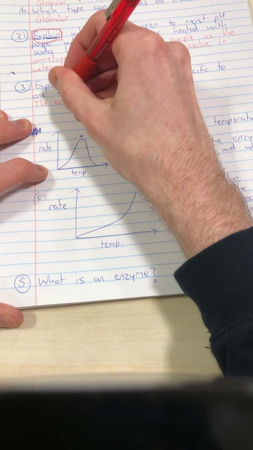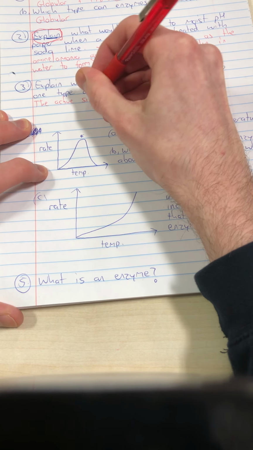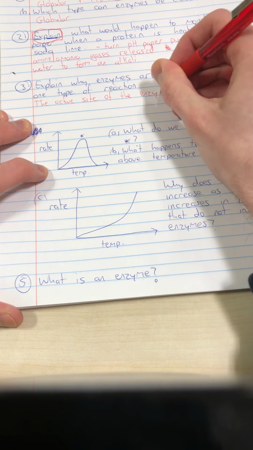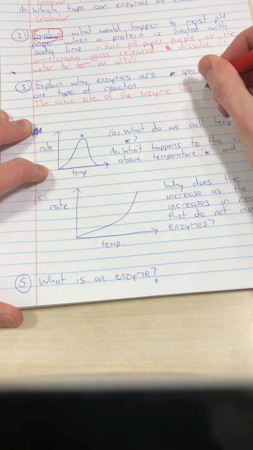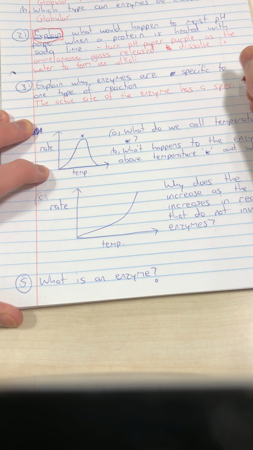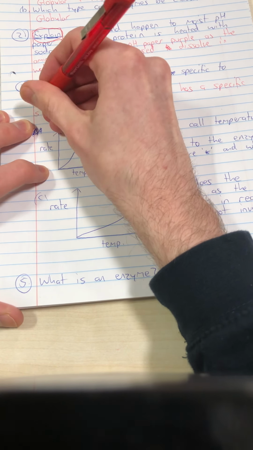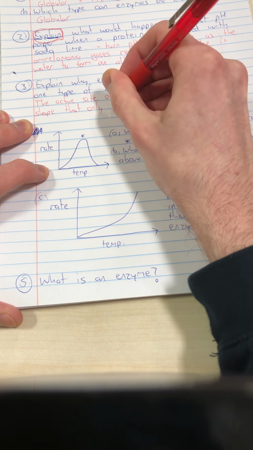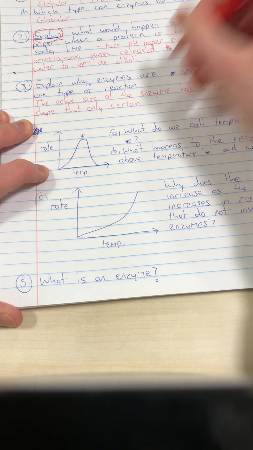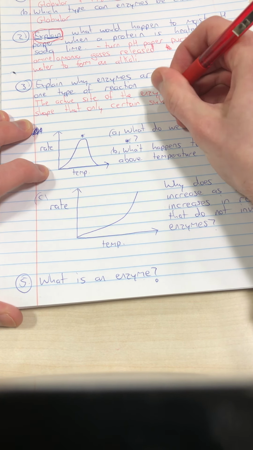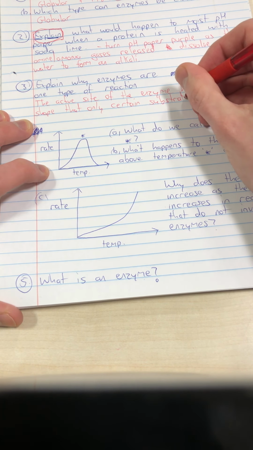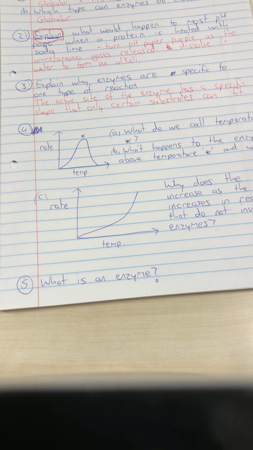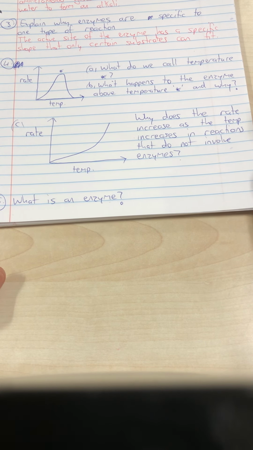So the active site of the enzyme has a specific shape that only certain substrates, remember that new word, only certain substrates can fit. And it's all to do with that lock and key mechanism, remember.